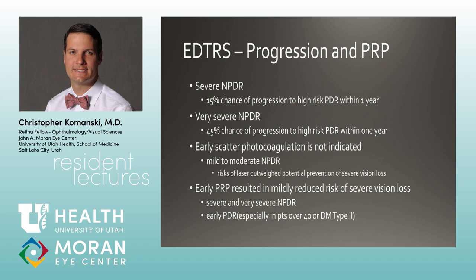Nowadays, a lot of those eyes often have some macular edema. There's certainly evidence that you can treat severe NPDR without macular edema now, just with anti-VEGF. So the idea of doing early PRP is probably not one we embrace anymore. PRP is becoming less and less done, but back then, we would treat eyes before PDR if they had pretty severe NPDR.